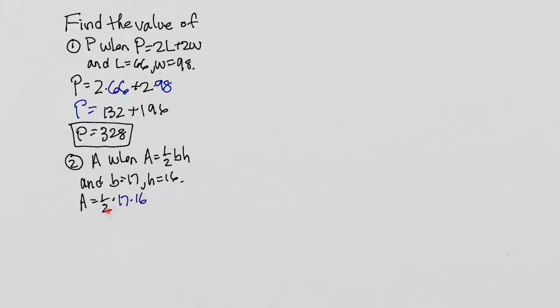Now you could do 1/2 of 17 or 1/2 of 16, but I'll just take care of the 17 times 16 first. So this will give us A equals 1/2 times, now 17 times 16 is 272, and if I multiply that by 1/2 or divide by 2, we'll get A equals 136.